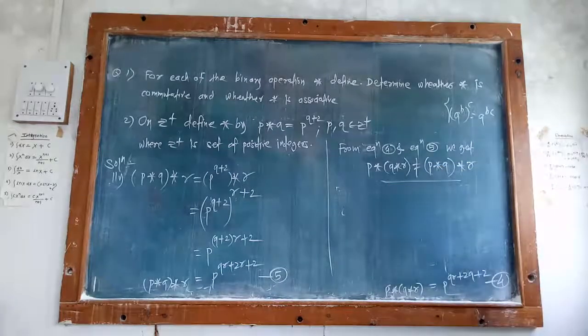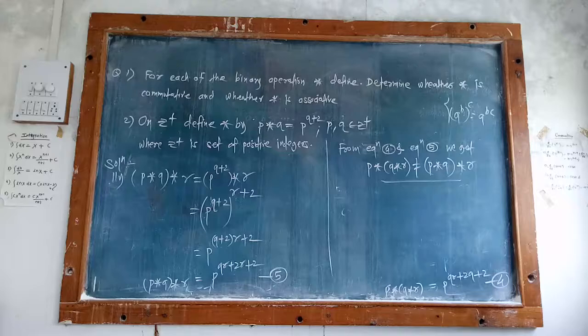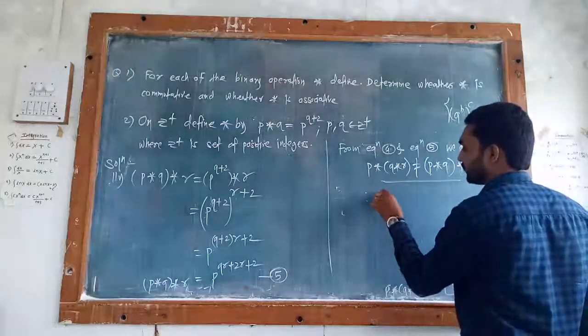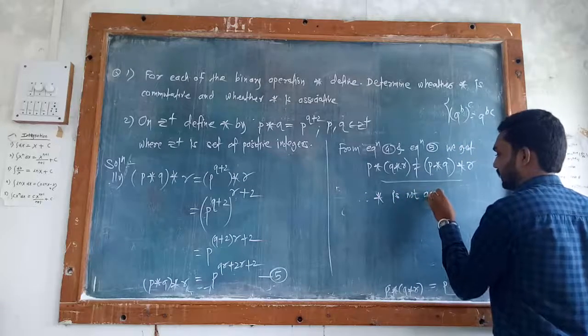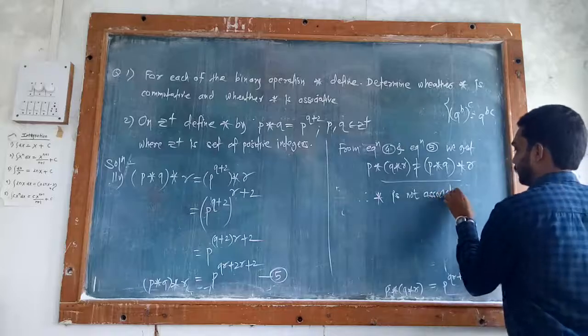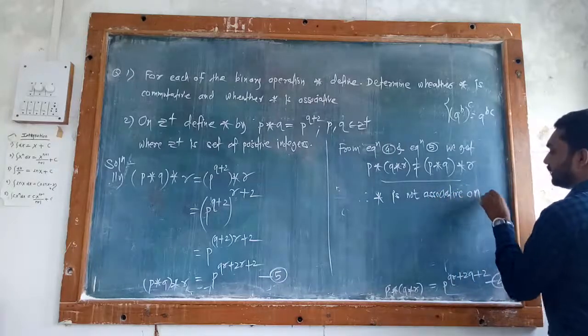So both are not equal. That means it does not satisfy the associative property. Therefore star is not associative on Z plus.